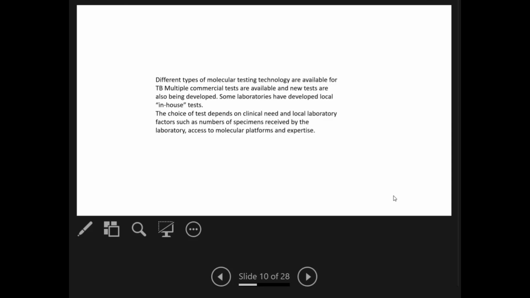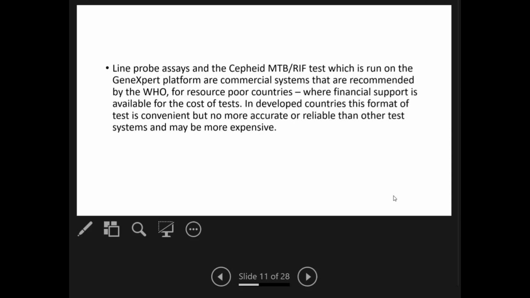One of the commonly used rapid molecular-based diagnostic tests is GeneXpert. There is another method to detect the presence of TB DNA in samples, which is line probe assays. But I don't think line probe assays are very commonly used in Sri Lanka. But the MTB RIF test using the GeneXpert machine, we are using very frequently and very commonly.